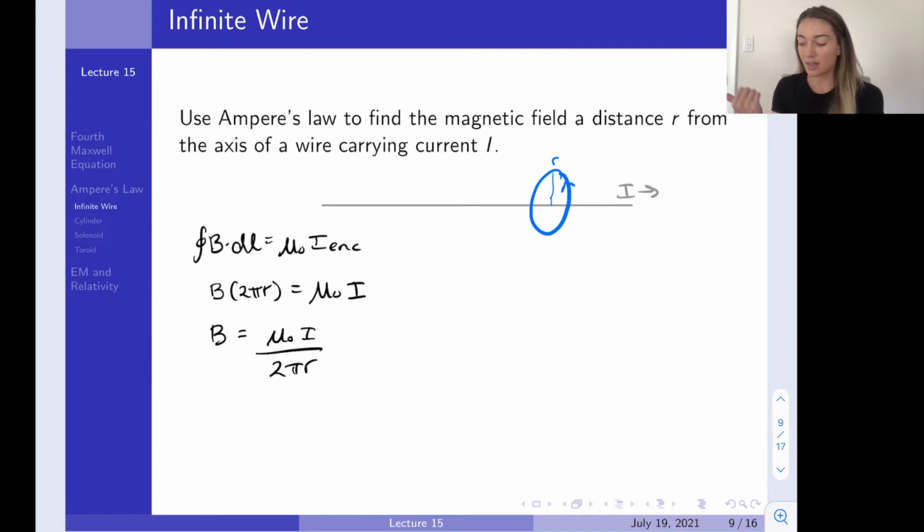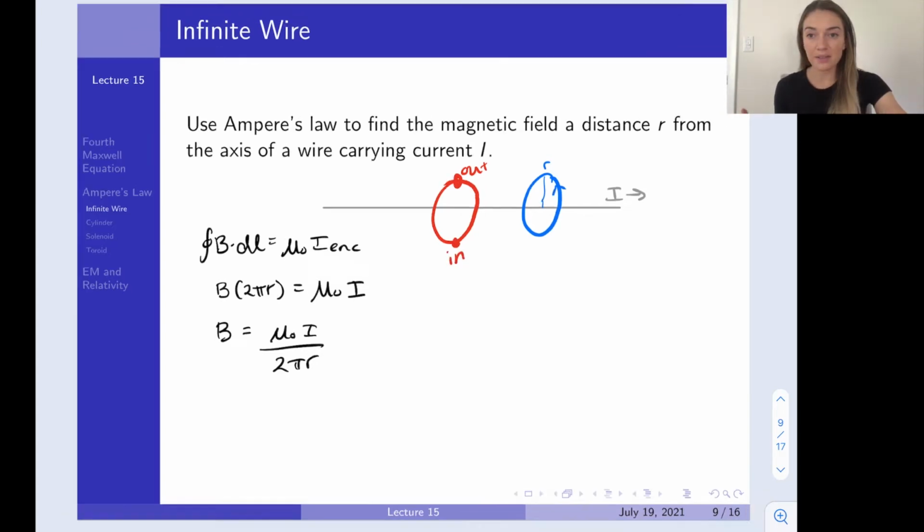In this case, if our current is going to the right, we curl our hand, and our fingers will be in the direction of the magnetic field. So the magnetic field will be looping around like this, coming out of the page at the top and going back in at the bottom.